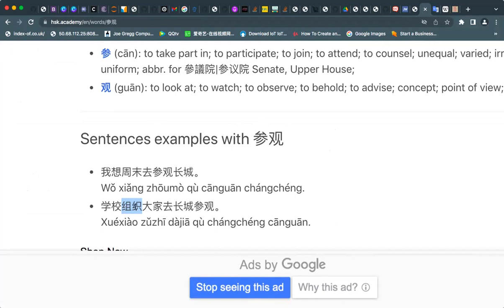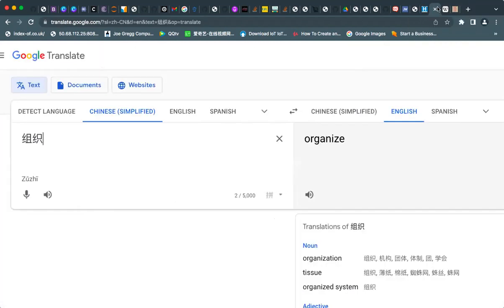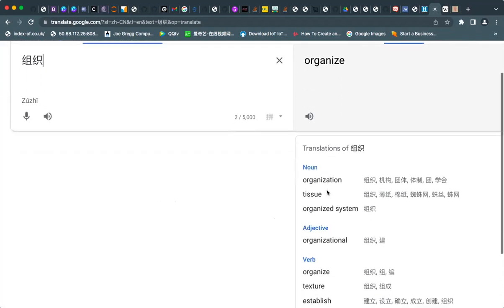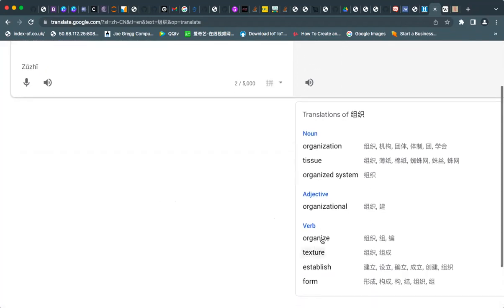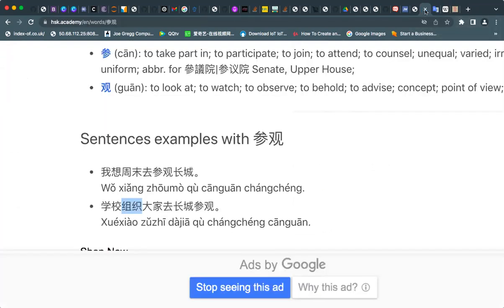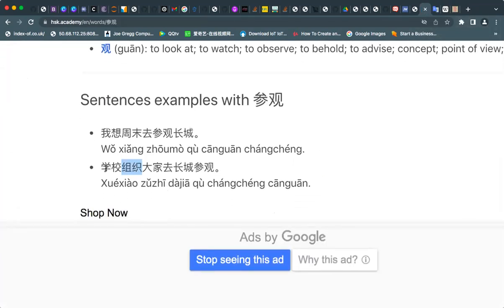This word, which is organization, is also used as a verb, to organize. Okay, can you hear me? Yeah. Okay, screen.